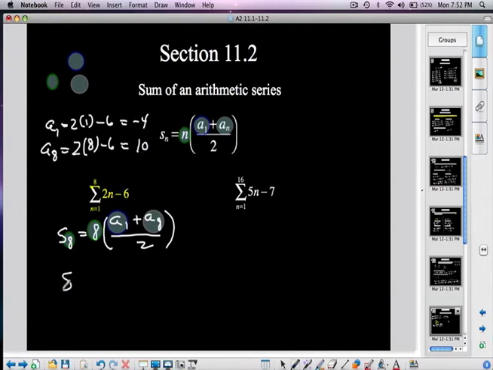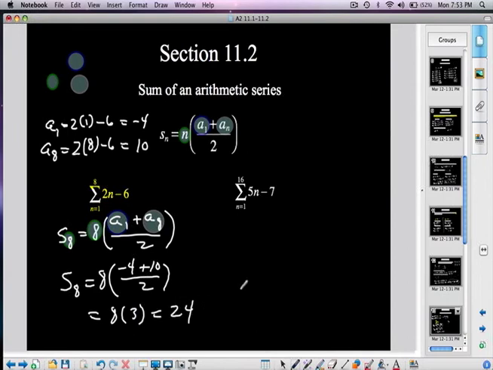So when I sub that in, the sum of the first 8 terms is going to be 8 times negative 4 plus 10 divided by 2. Well, negative 4 plus 10 is 6. 6 divided by 2 is 3. So this is 8 times 3, which is equal to 24.